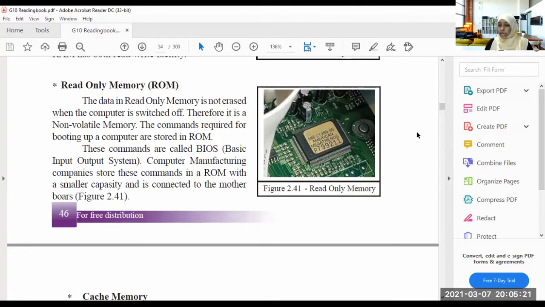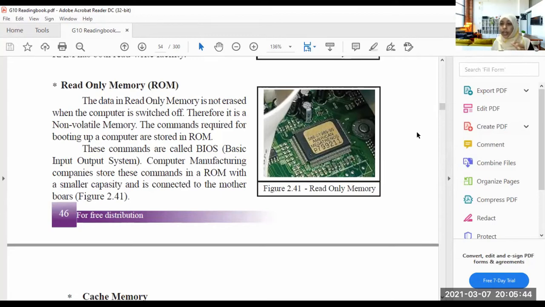Booting the computer means, when the computer is off, right? Now you are switching on the computer for the first time. When you are switching on the computer, a booting system is happening in the computer.